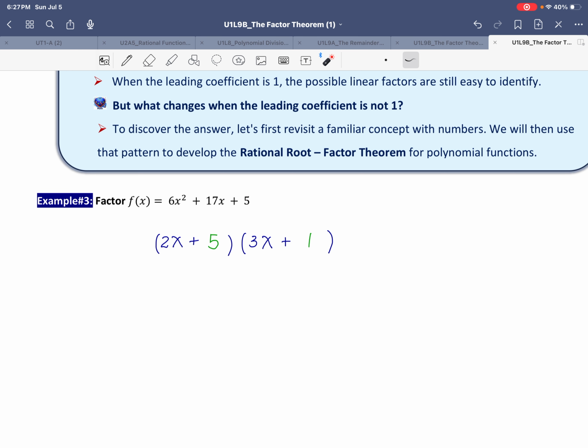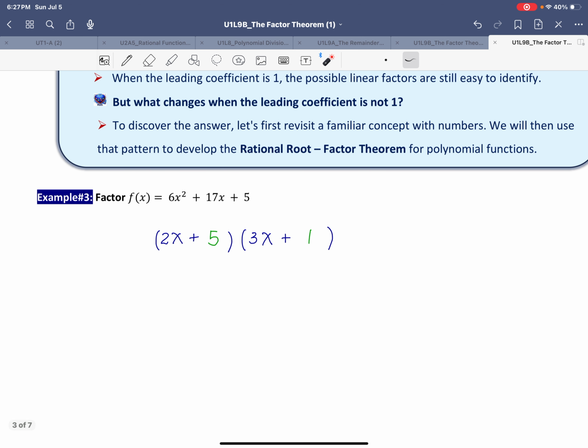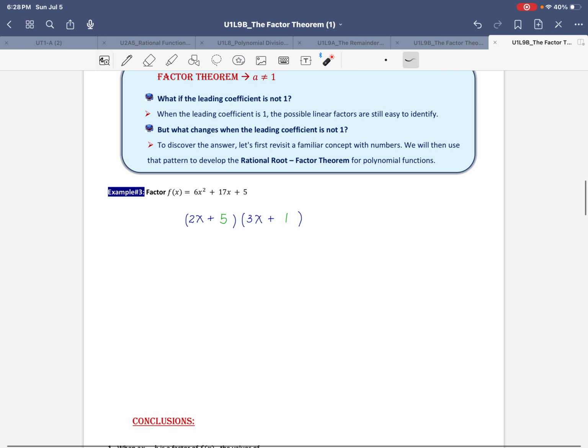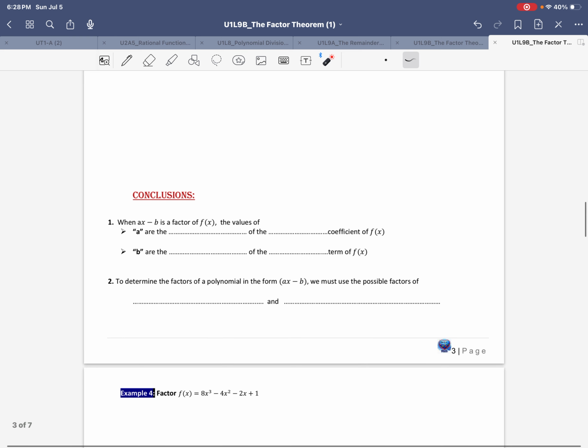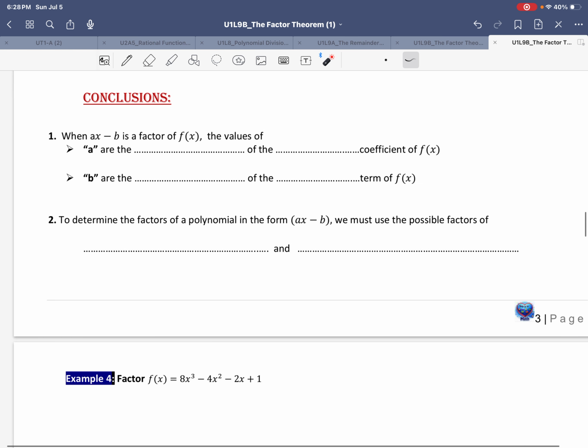Now, as you can see in here, the constants in each factor would be the factors of the constant term in the polynomial, whereas the coefficients in each leading term, or in the x terms in each factor, will be factors of the leading coefficient of the polynomial. And the same idea will apply to polynomial expressions of higher degree.